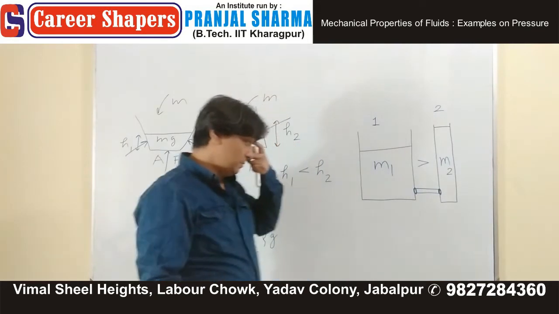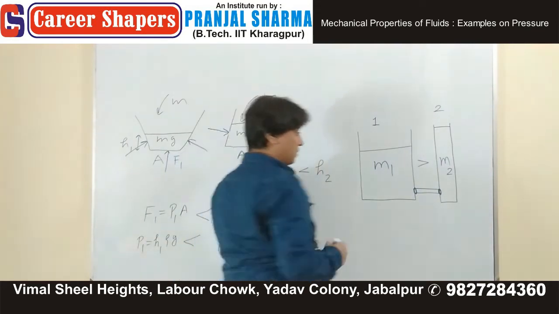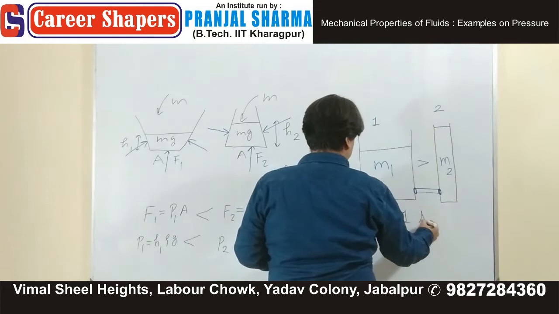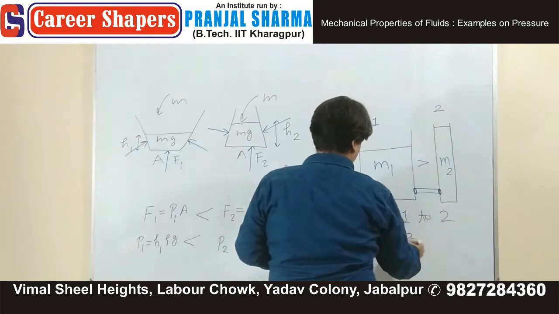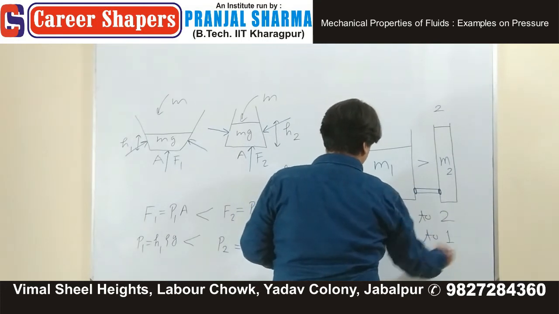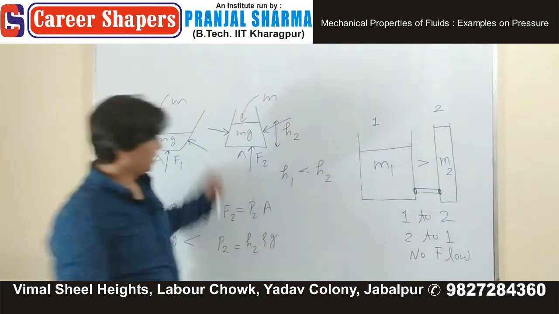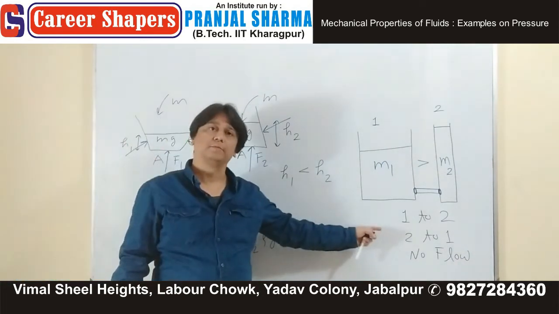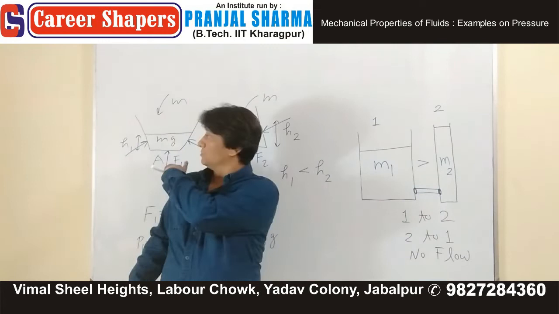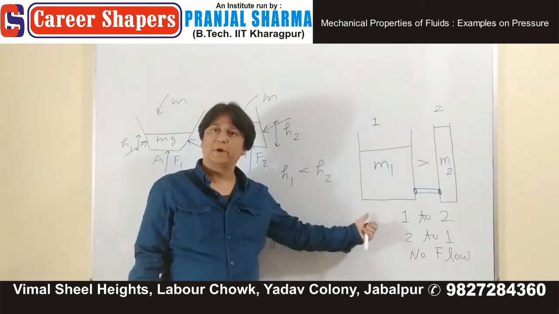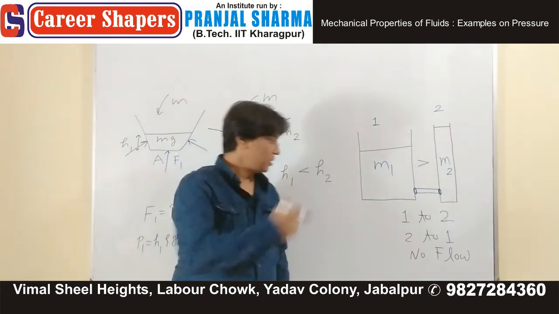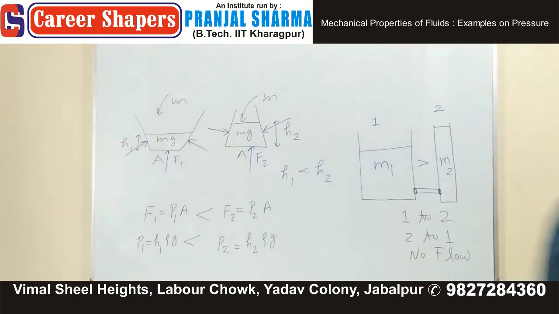Then will the flow of water be from 1 to 2, 2 to 1, or no flow? The same things can be asked in this form also. The idea of pressure, the same thing here. Let's see how many of you can answer this. What will be the direction of water flow?